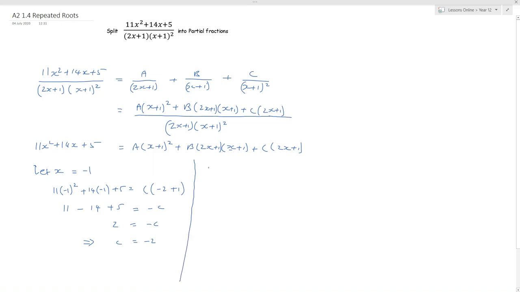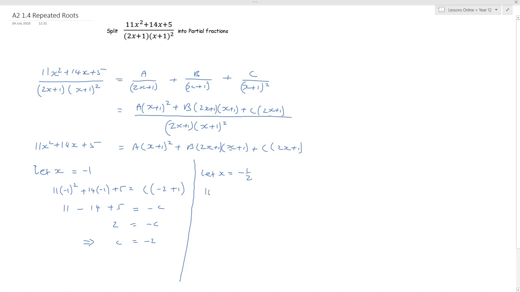Let's see if we can work out what another term is. This time, what can I let x equal to get rid of two terms? If I look here, 2x plus 1, if I let it equal minus a half, then I'll get rid of B and C. So let's do that.